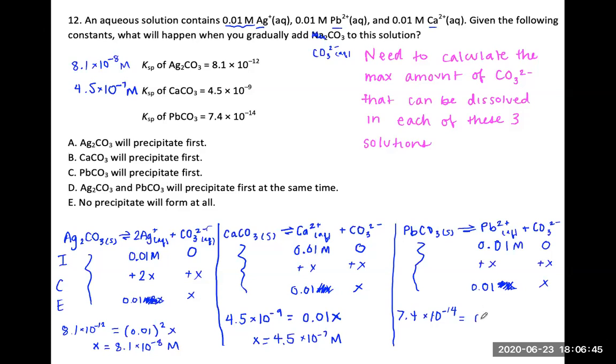And so this will end up being 0.01 to the power of 1 times x to the power of 1. That's a multiply, not a plus. Okay. And so then when we solve for x, we will see that it is just equal to 7.4 times 10 to the negative 12 molar.